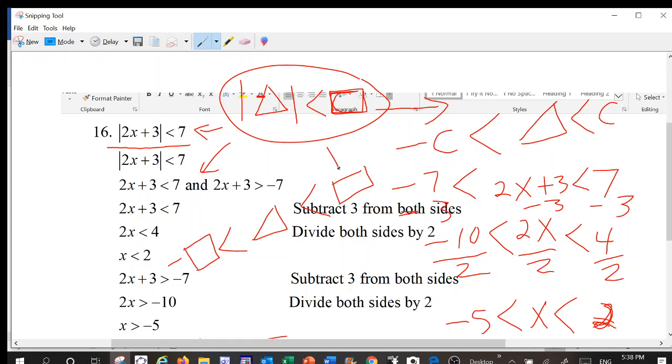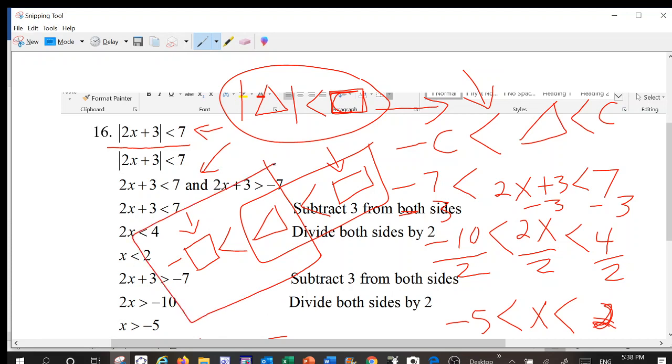Now if we have variables here, it's not possible to solve it the way that we did here. So what we have to do is separate these into one inequality here, and then another inequality would be these two, and then we connect them with and.